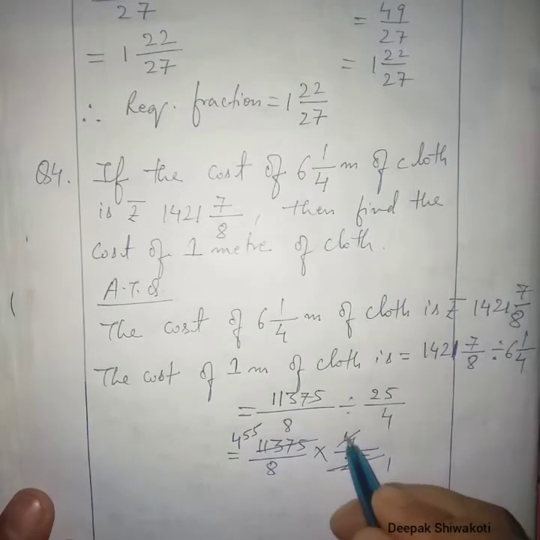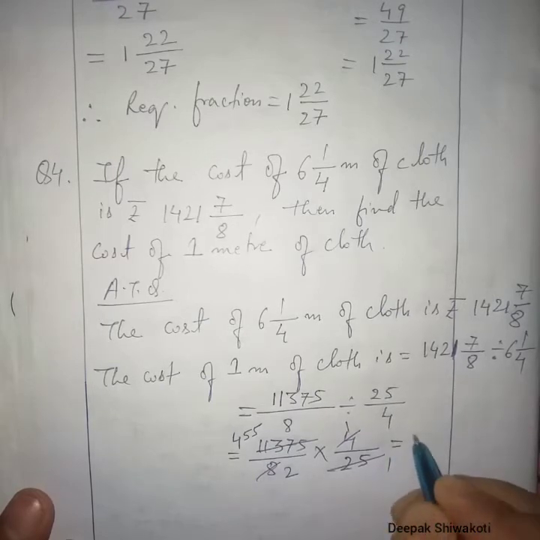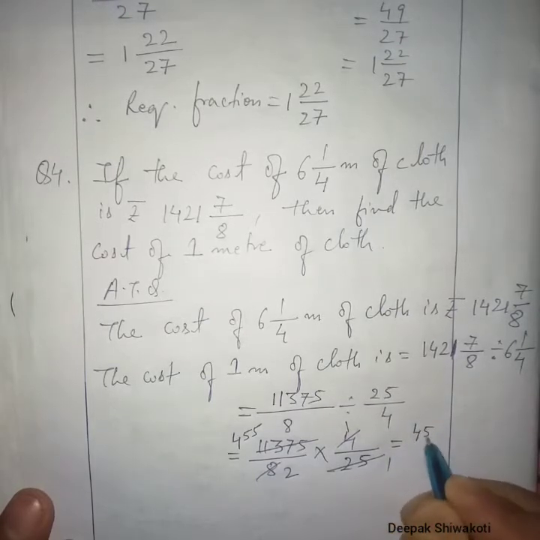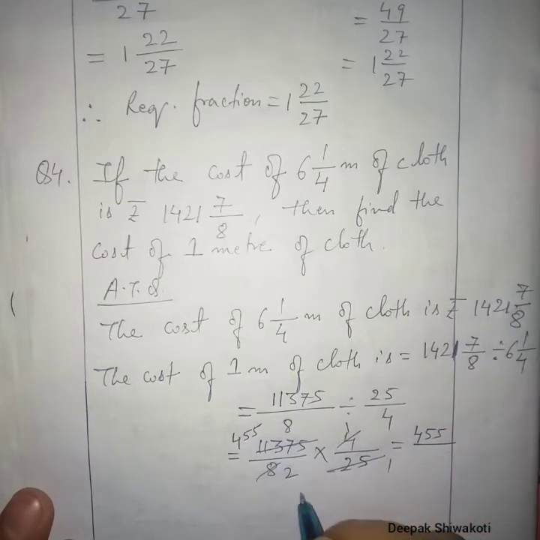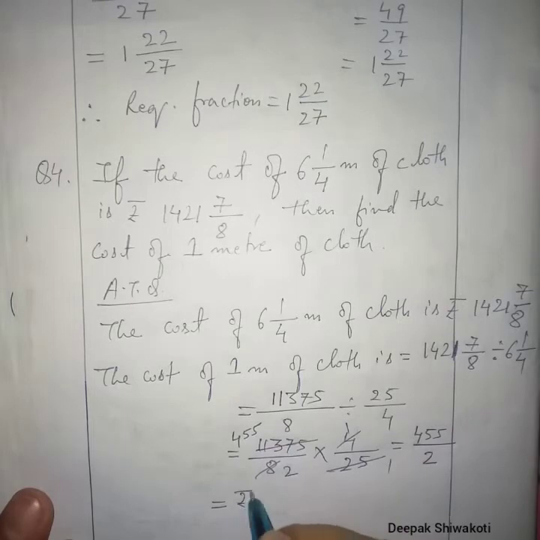Okay, here 4 1s are 4, 2s are 8, now how much are we getting, 455 by here 2. So we'll divide it to change it into a mixed fraction, that is rupees 227 whole 1 by 2.